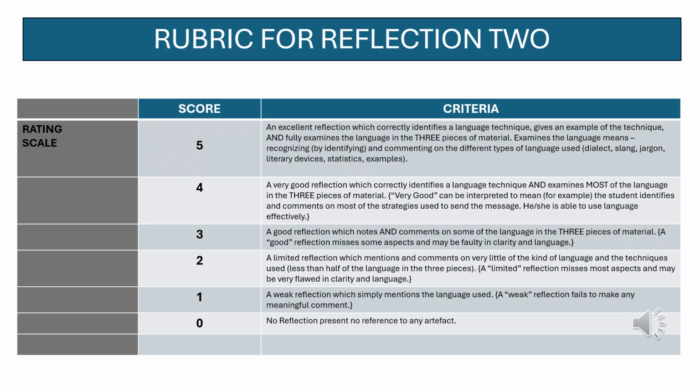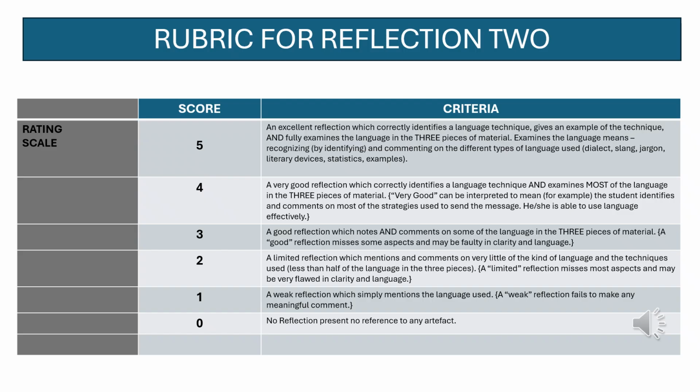Examining the language means recognizing by identifying and commenting on the different types of language used: dialect, slang, jargons, literary devices, statistics, examples. Okay, so it's important to state what the language technique is, give the example of the language technique, and also comment on its effectiveness in order for you to get those 5 marks.